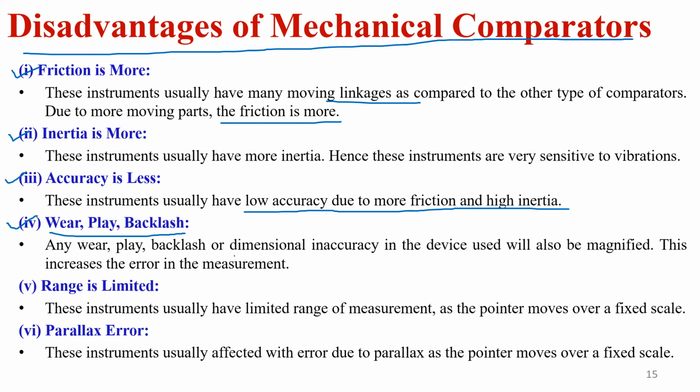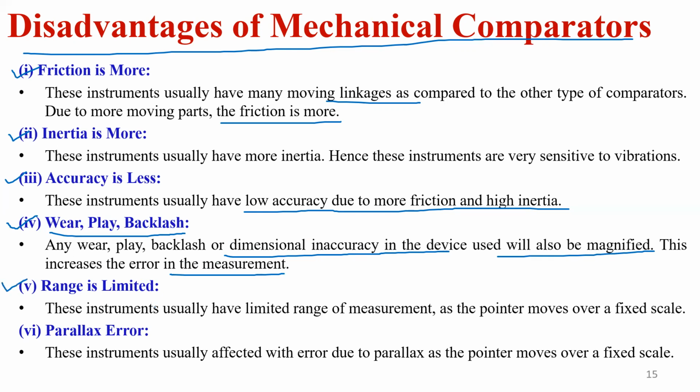So due to the mating of these gears, sometimes we may get a clearance between the two teeth of the gears so that we may lose the motion, which causes inaccuracies in the dimensional measurement. So these errors are also magnified in the mechanical comparators, which increases the error in the measurement.